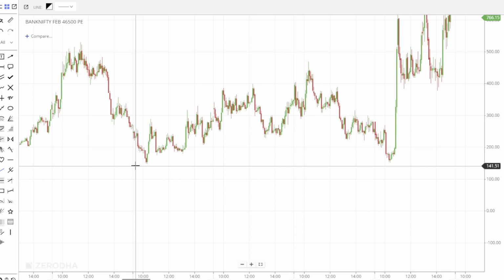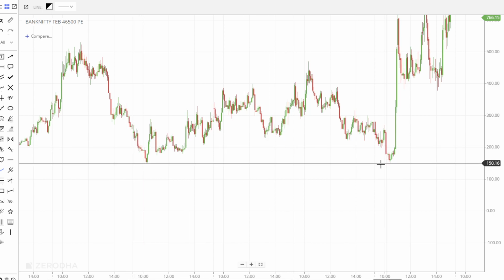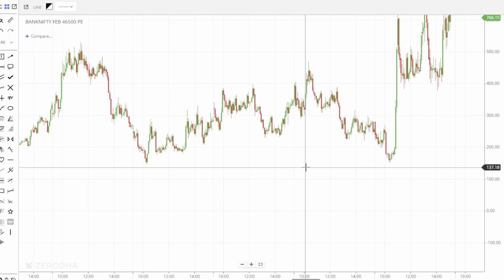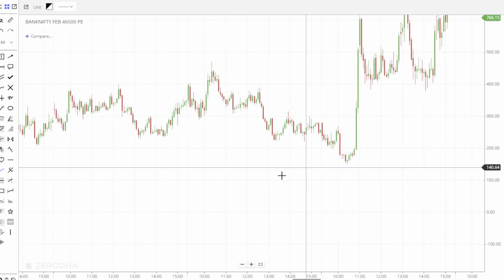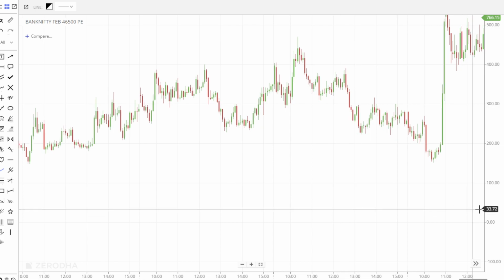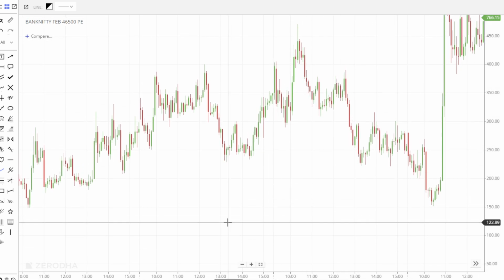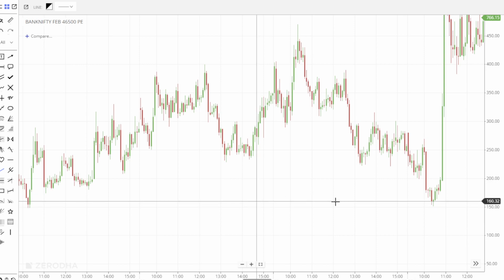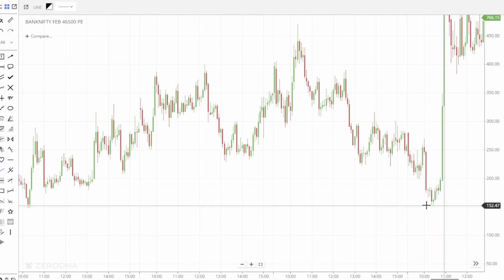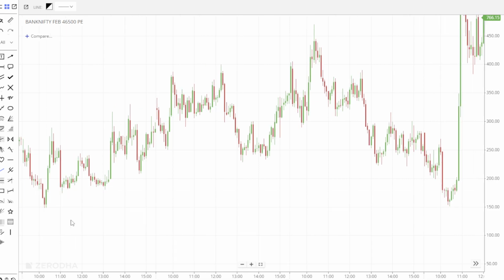So wait for the price to reach this level. It might take 1 or 2 days, no worries. Think that you don't have any trades, you are on leave, and when you have the job, you should focus, real focus. So when it reaches this level, you take a buy trade here, and what is your stop?